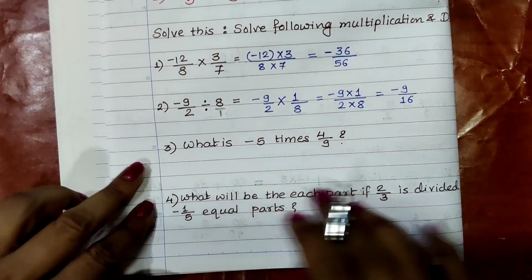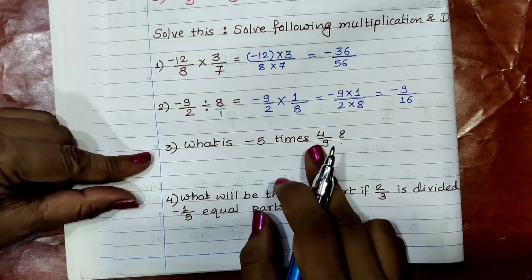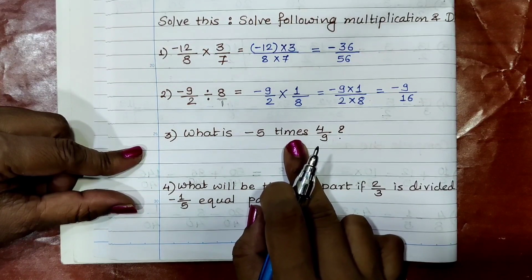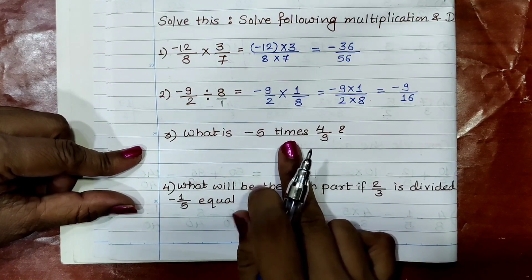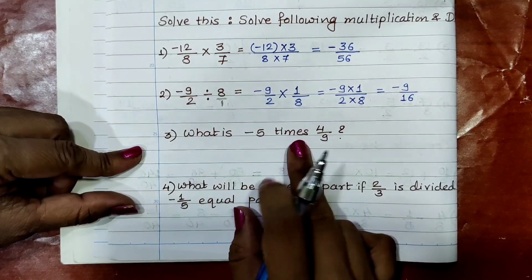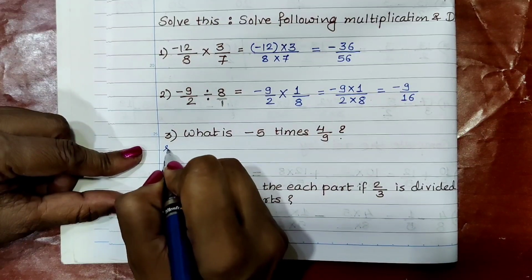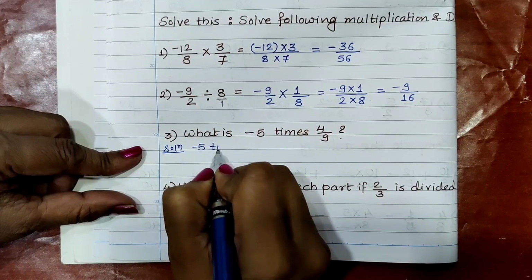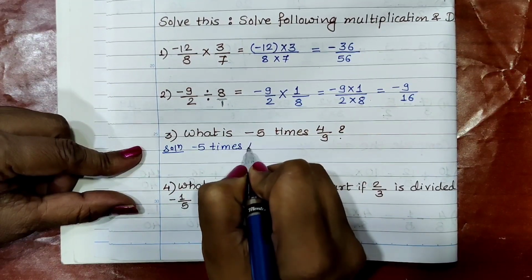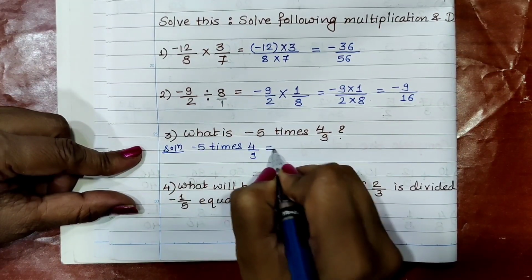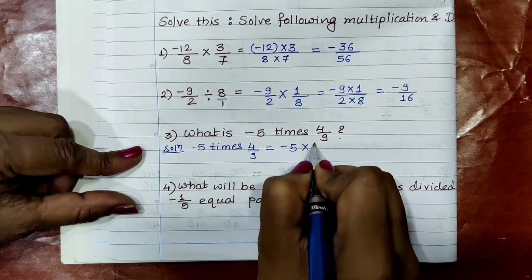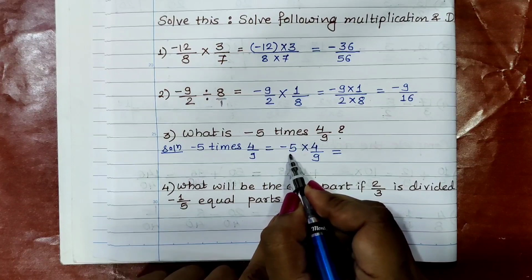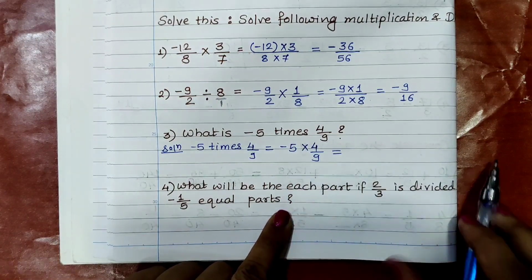Now let us see the third question. What is minus 5 times 4 upon 9? Minus 5 times. Times means multiply by. Always keep this in mind. Times means multiply by. So the solution is minus 5 times 4 upon 9, which means minus 5 multiplied by 4 upon 9. Minus 5 means always 1 is there in the denominator.